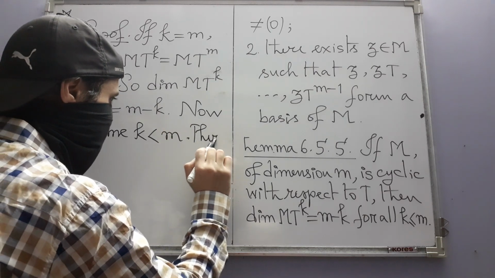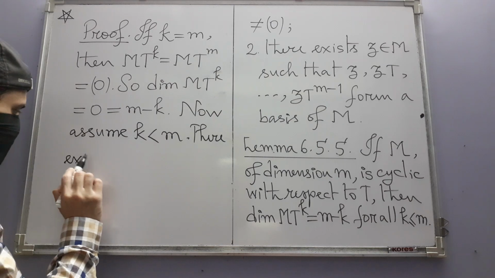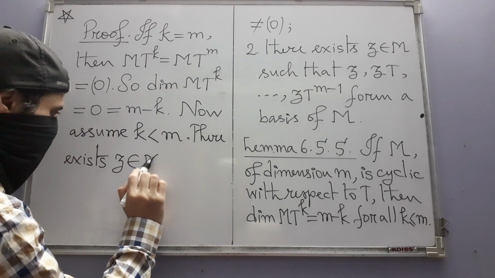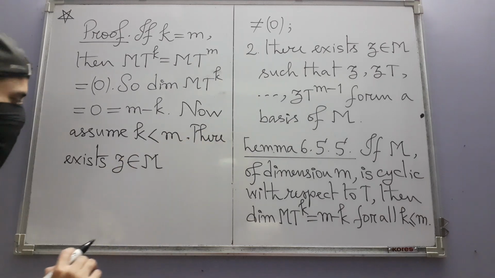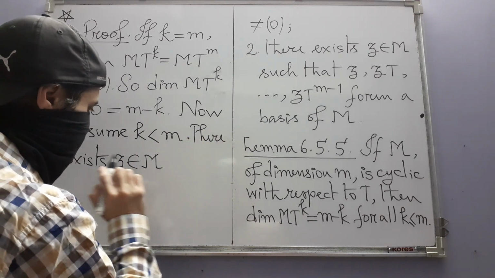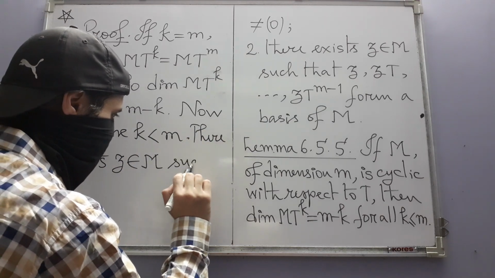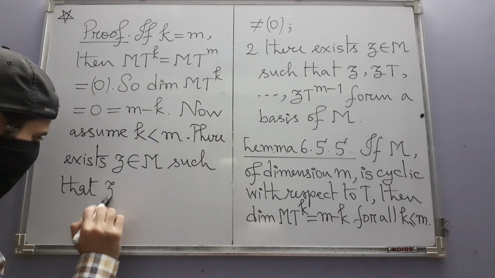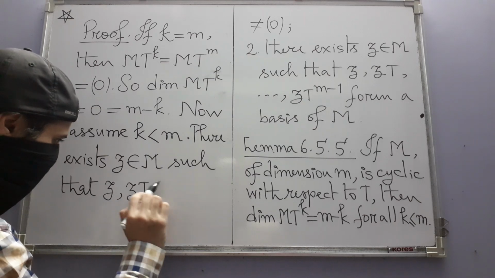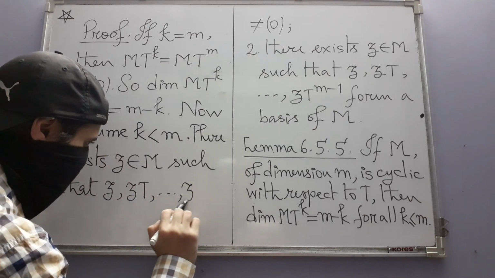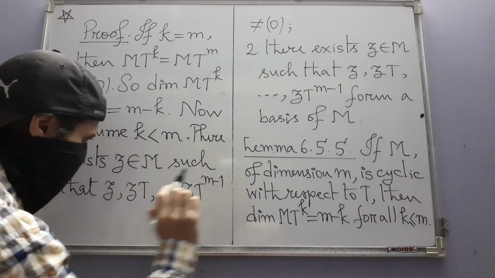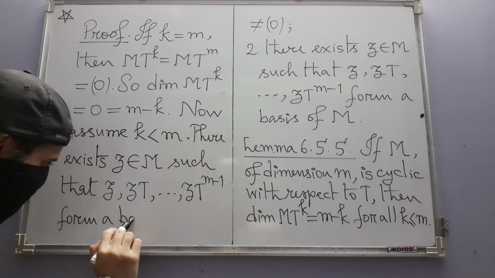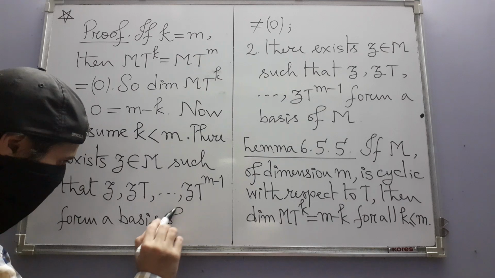There exists a vector z in M such that these vectors form a basis of M.